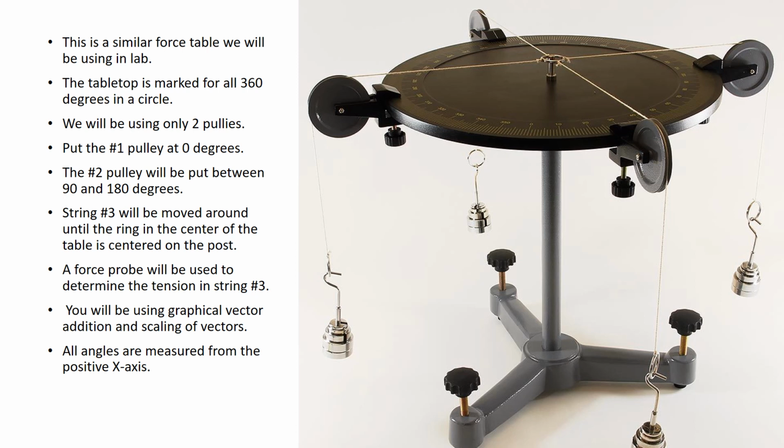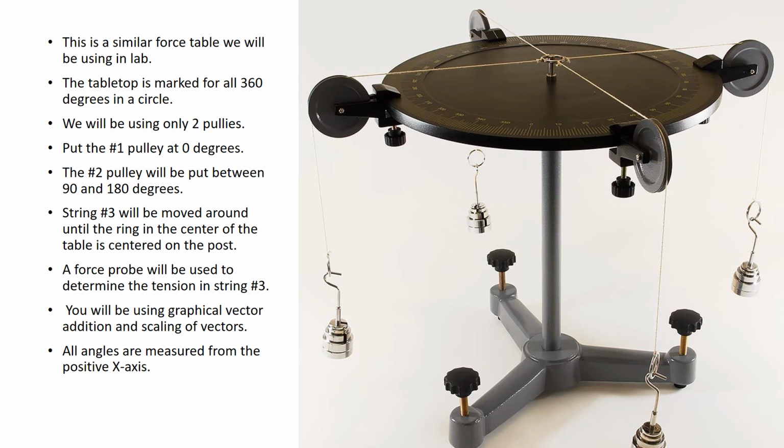And then from there, you can draw some lines and figure out what the mass of the third thing is. They should all add up to 0. So you will be using graphical vector addition, and all angles are measured from the positive x-axis. That's very, very important.